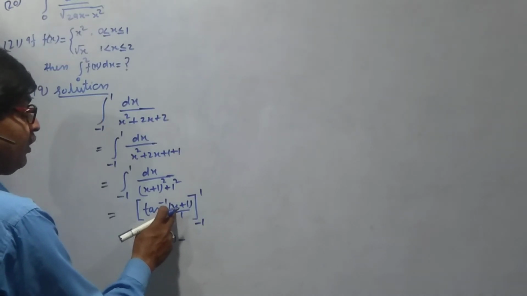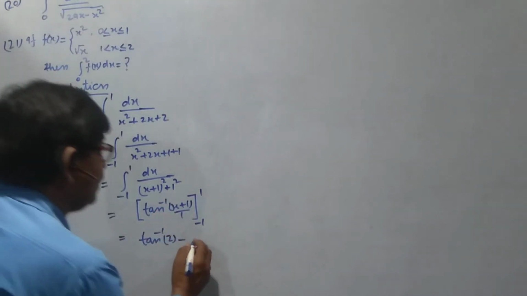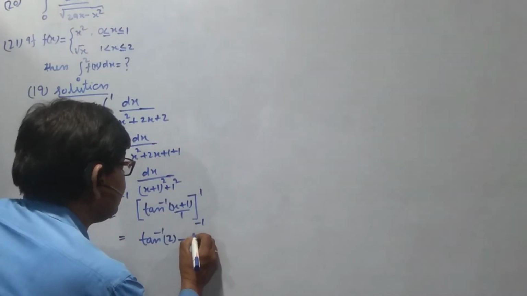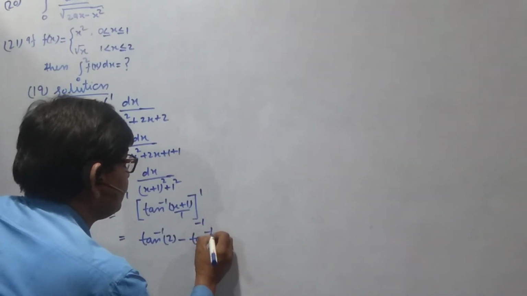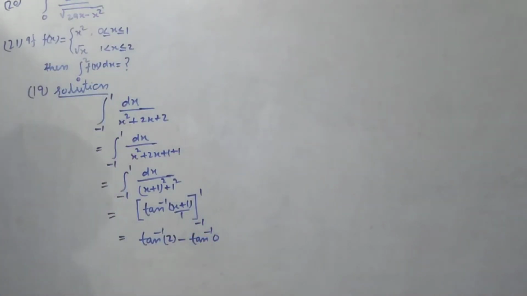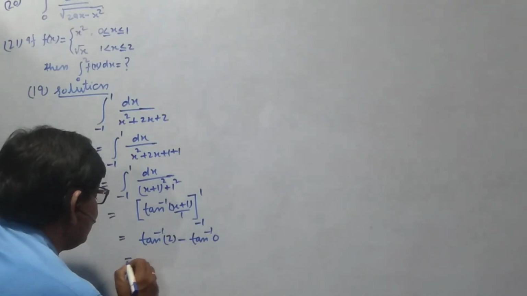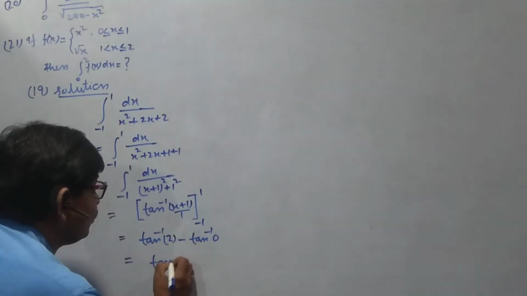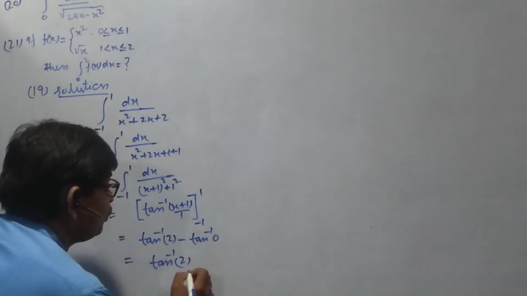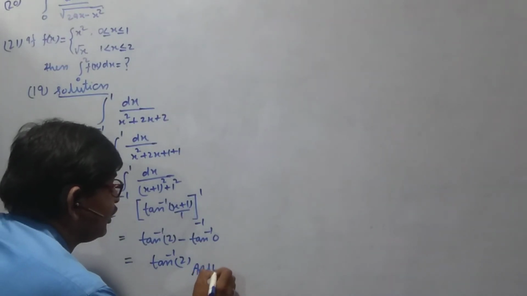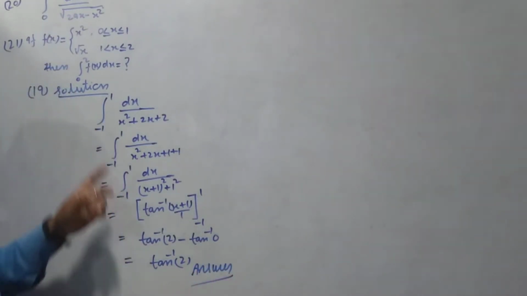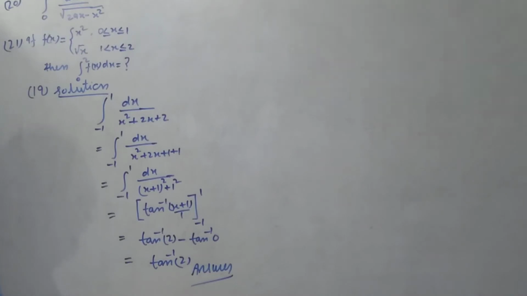Tan inverse 0 is sin 0 by cos 0, so this will be equal to 0. So this is equal to tan inverse 2. This is the value of our integration.